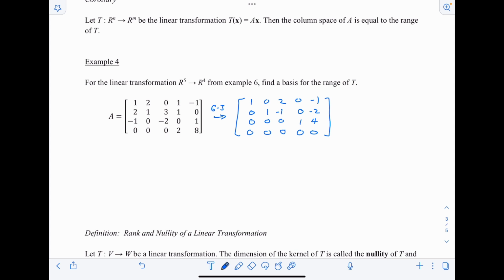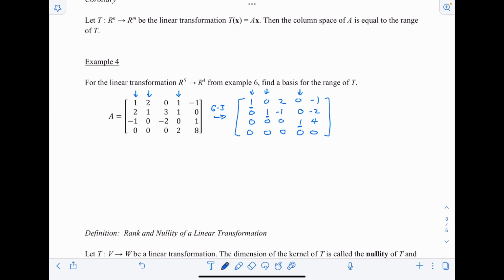So that is our reduced row echelon form. What we're looking for in the column space is this: look at all of the rows and find the leading ones in each row. Those columns where those ones are located correspond back to the original matrix, and those are the columns that give us the column space.